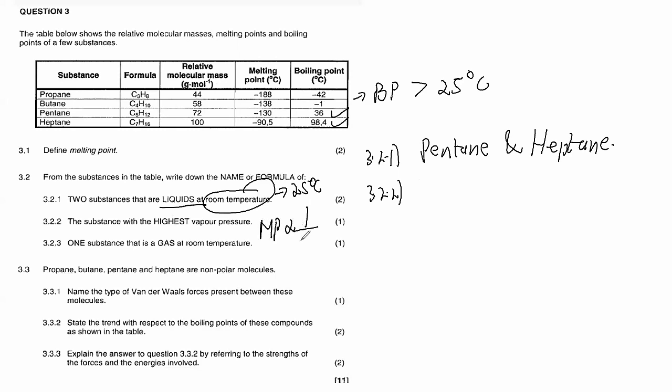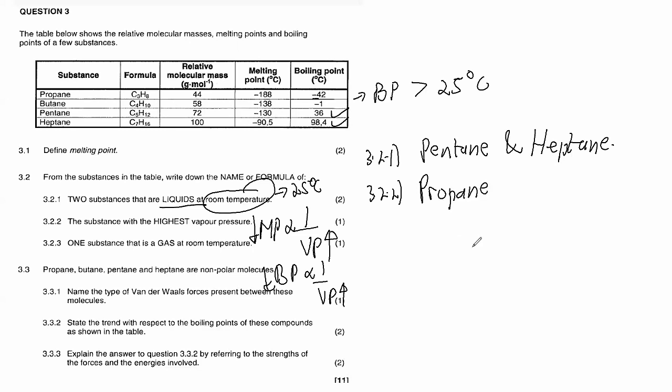So if you are looking for the one with the highest vapor pressure, we must be looking for the one with the lowest melting point, or the lowest boiling point. So whether you check boiling point or melting point, you should be correct. Let's check which one is the lowest boiling point. We can see that it is obviously propane. So we're going to write propane, right?